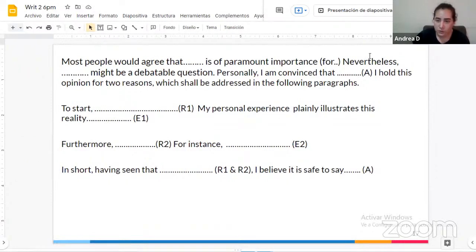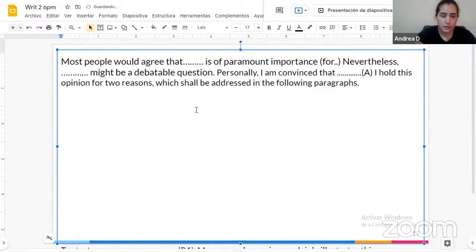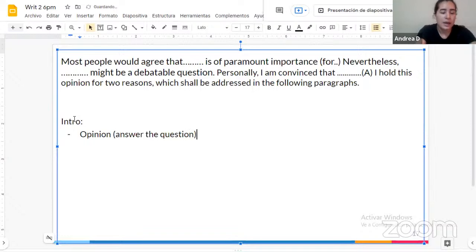So in the introduction, what are we gonna do? A good, basic introduction should have at least 2 things. First of all, you should state your opinion. So you should at least answer the question and say, I think that it's better to always tell the truth.